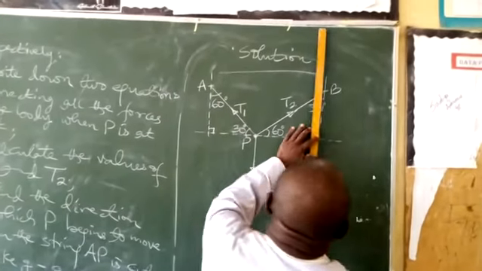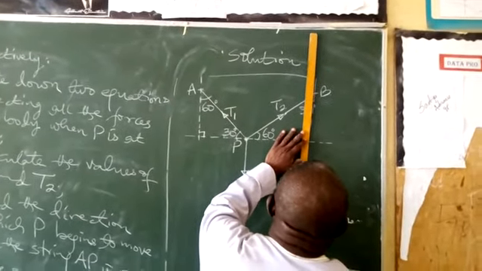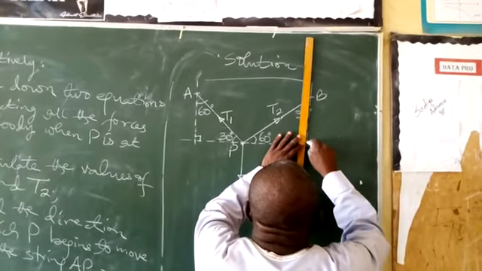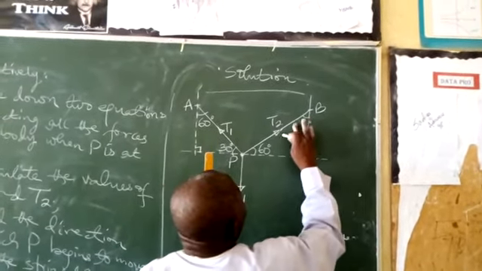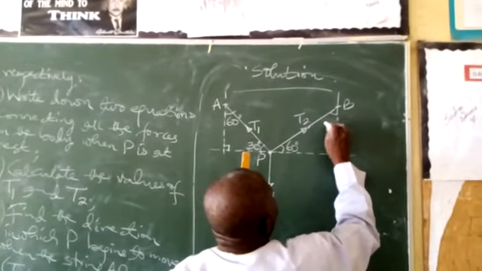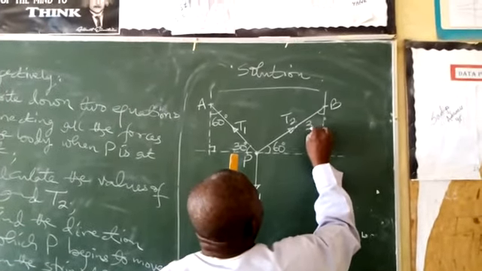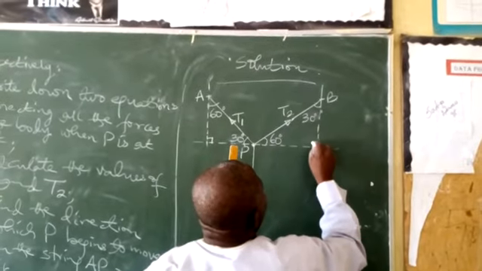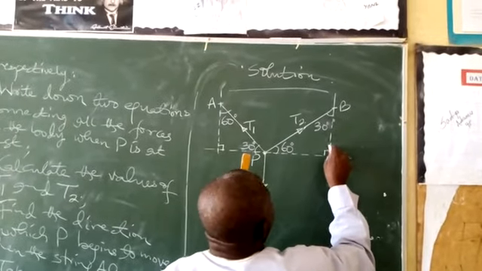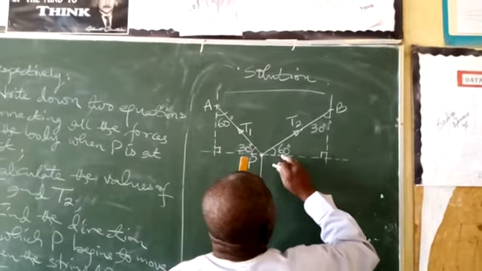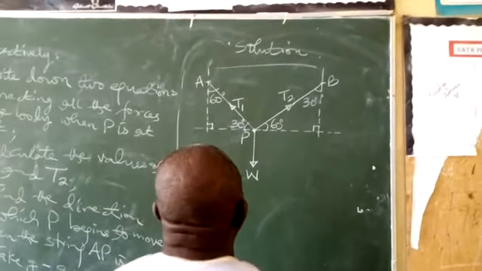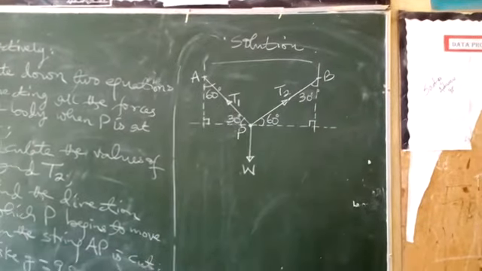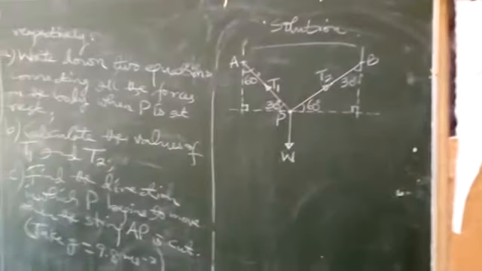The same thing here, it's another right angle triangle. If this one is 30 degrees and this is at right angle, then the two remaining angles are complementary. If this is 30, this will be 60. So that is how we have them. This is the first diagram.